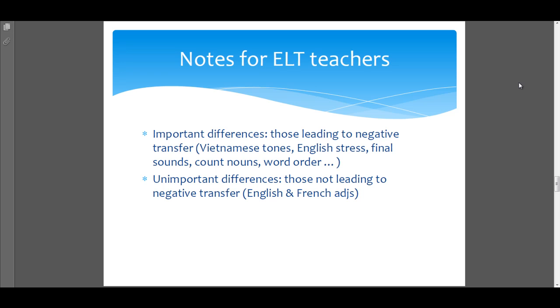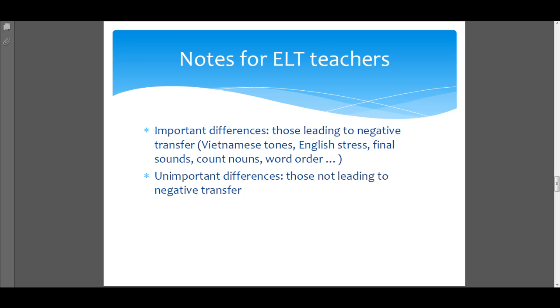For unimportant differences that do not lead to negative transfer, we do not need to spend time teaching them either.